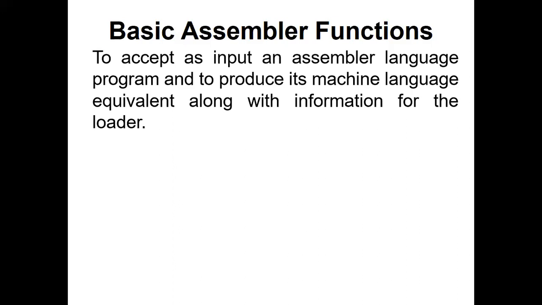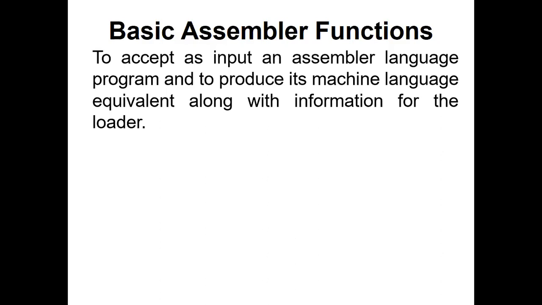When the program is going to be loaded in memory, some instructions have to be given, like from which memory location the program is going to be loaded, because there is a lot of stuff in memory at any particular time. So after converting the program to machine language, the assembler will also generate information which will enable the loader to load that program in memory.